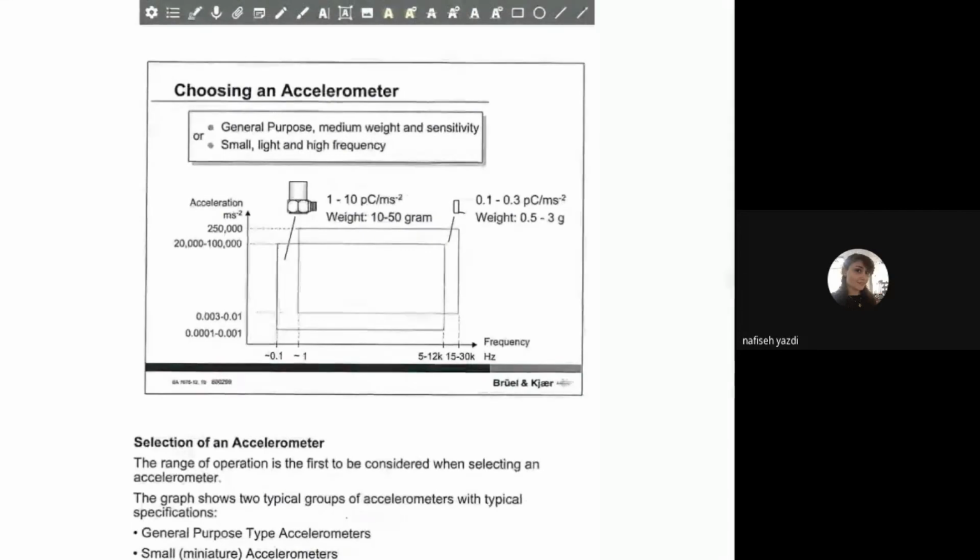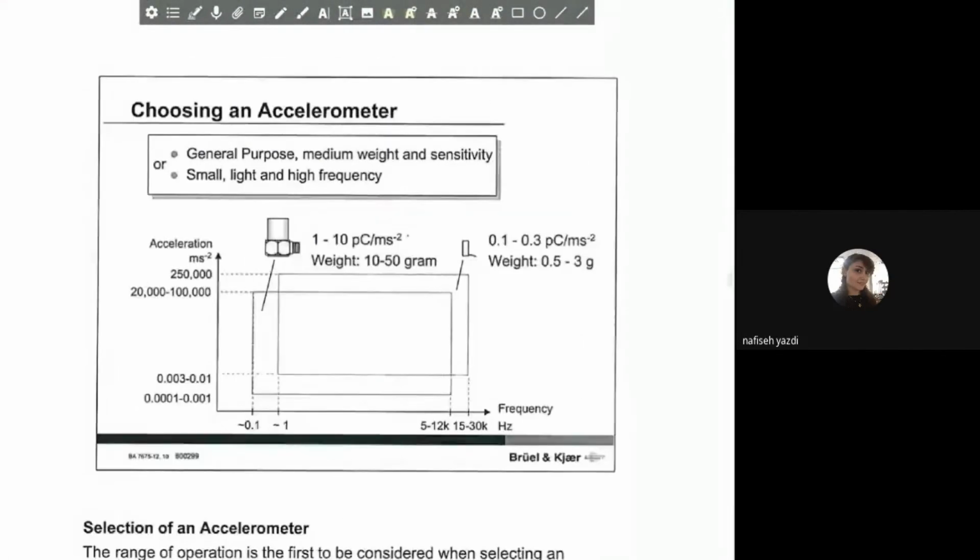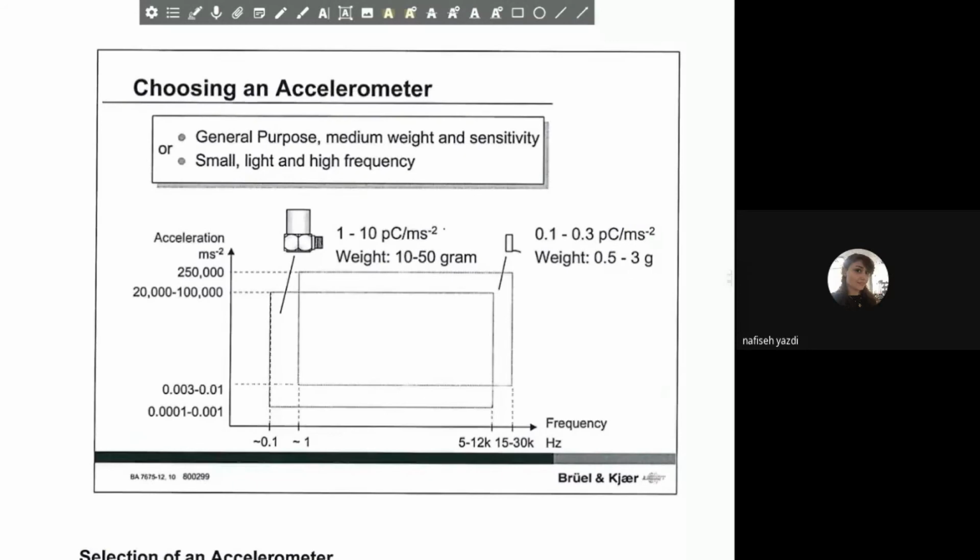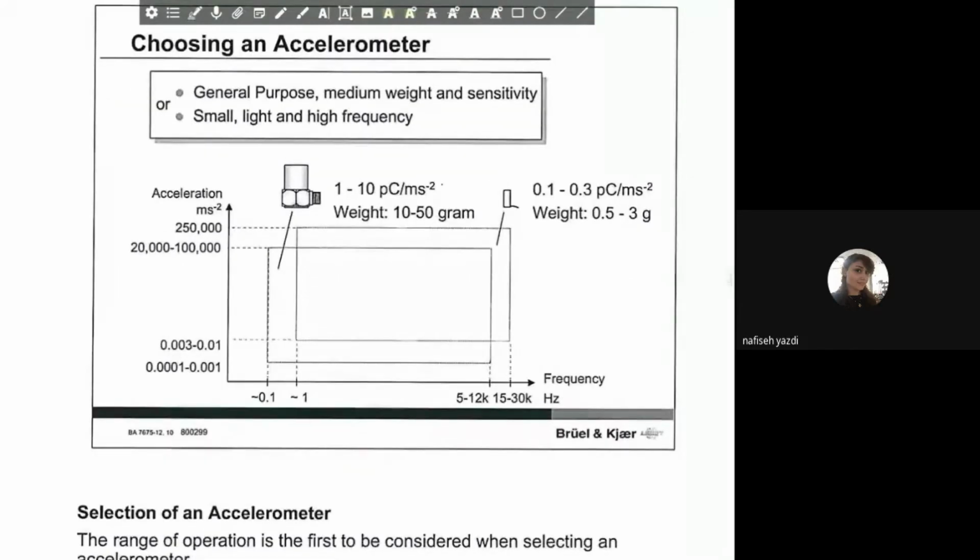Then another parameter that we have to consider when choosing an accelerometer is the weight, and the level of acceleration you want to measure. We already discussed that. If you're using an accelerometer to measure shocks or to measure very high amplitude vibration levels, then you have to move to base compression shape PZT crystal, and therefore you have to go also to shear shape accelerometers.